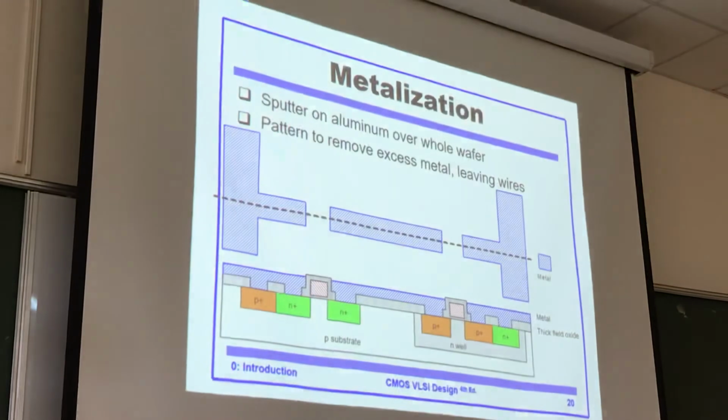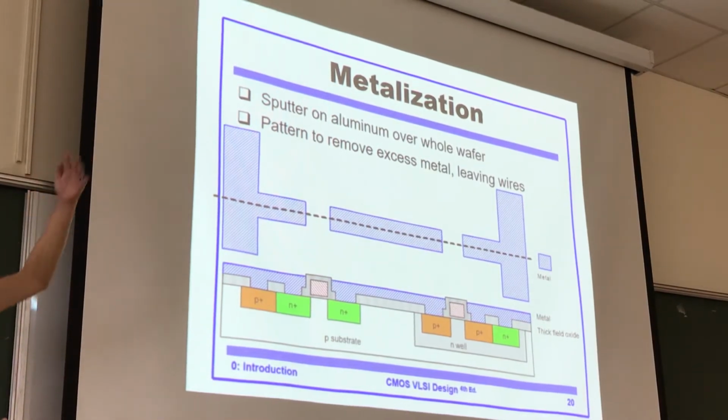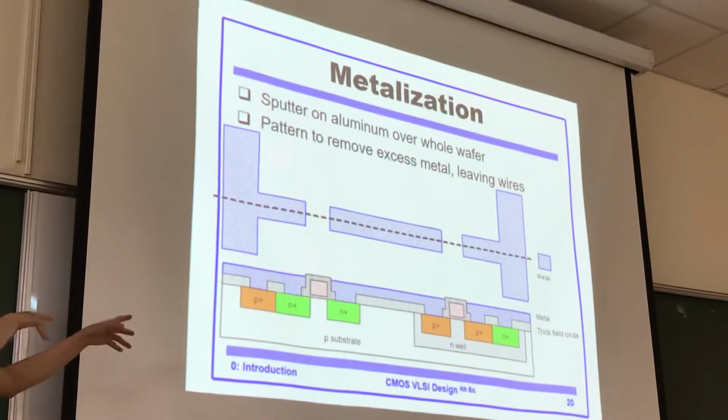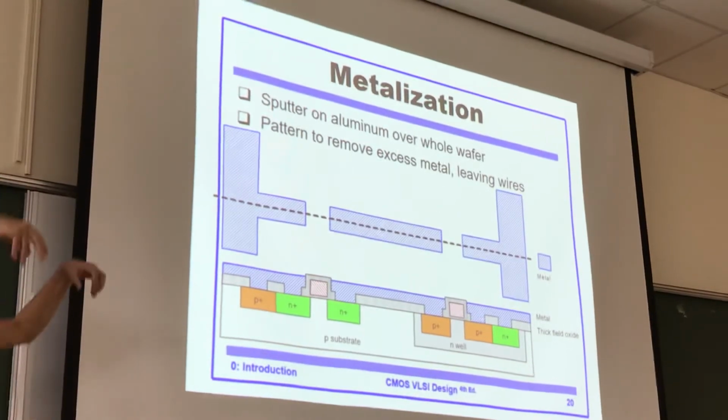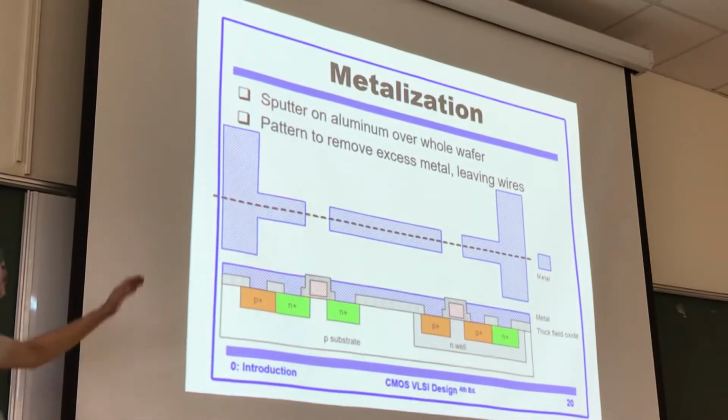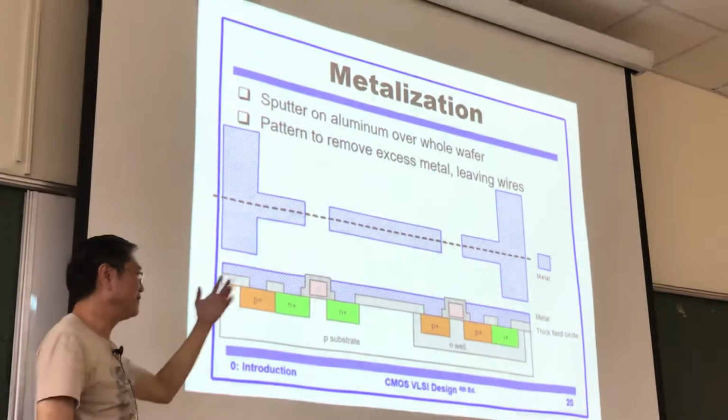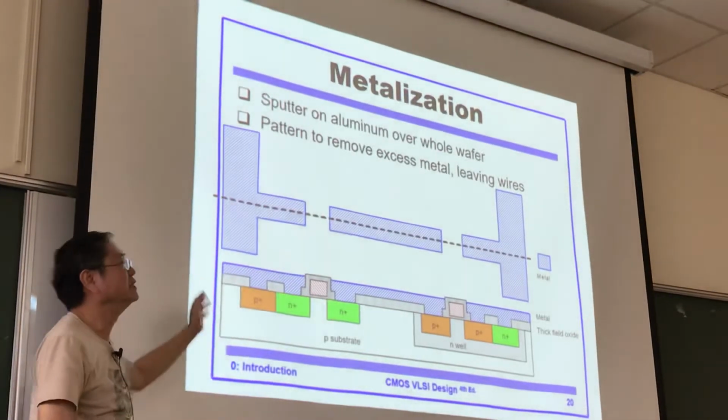Just like the highway, there can be a 3D highway network, not just one level, but several levels of metal connection wiring between the different devices, including the contacts to go down to connect the device. We can build 7 layers or even 9 layers of metal.